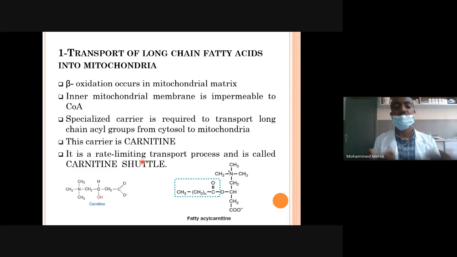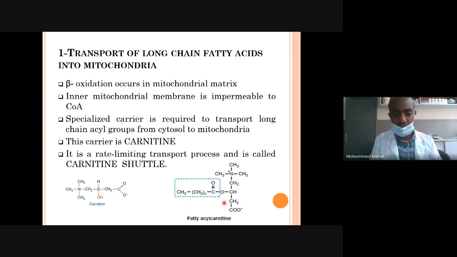Those enzymes are controlled by our hormones at gene level or substrate level. So this is the level where beta oxidation is regulated by limiting transport of fatty acid into mitochondria. If it is not transported, we don't have beta oxidation. If it is transported, then beta oxidation will occur.